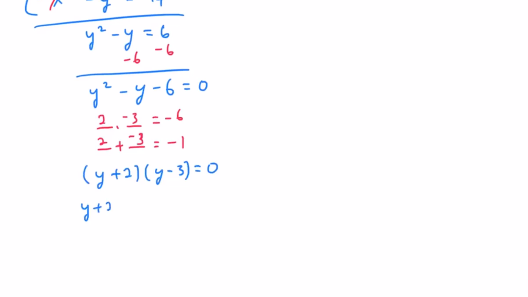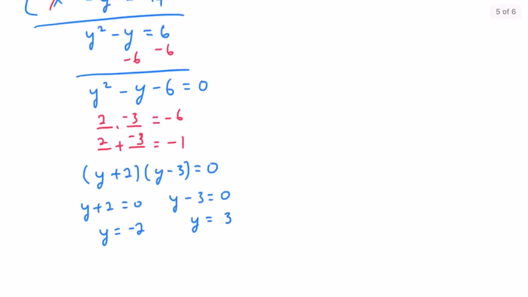So y plus 2 is equal to 0. Minus the 2 over, so y is negative 2. And y minus 3 is equal to 0. Plus 3 over, so y is 3.